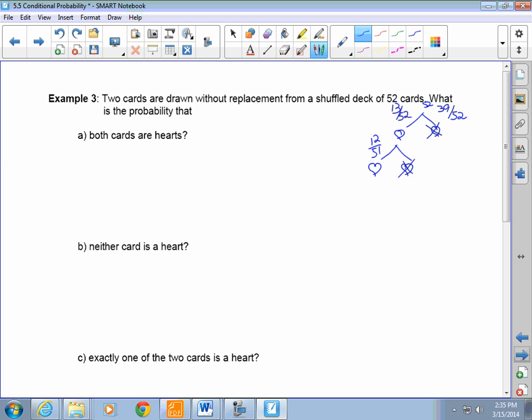And if I did not select a heart the first time, then not a heart the second time, that means there's still 39 of the other cards, but 51 out of a total of 51.